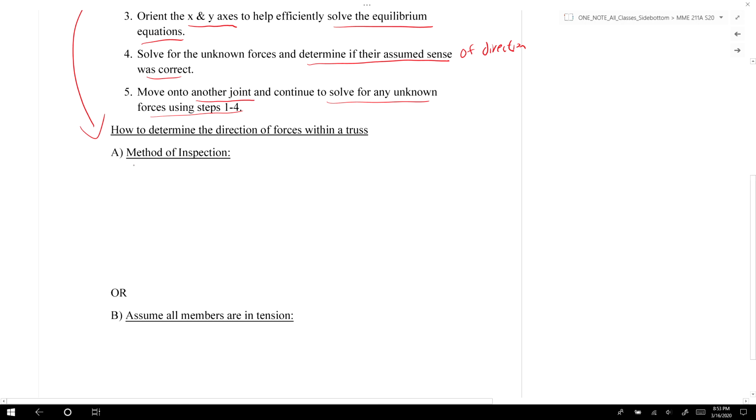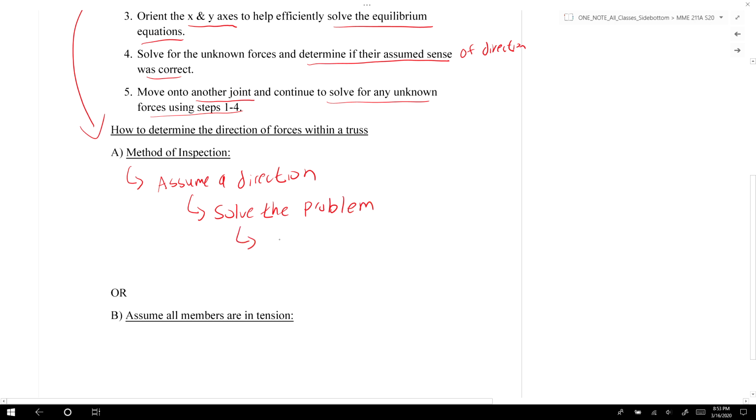If you are unable to determine the direction of a joint, you can just assume a direction. If you assume a direction and solve the problem, two things can happen.